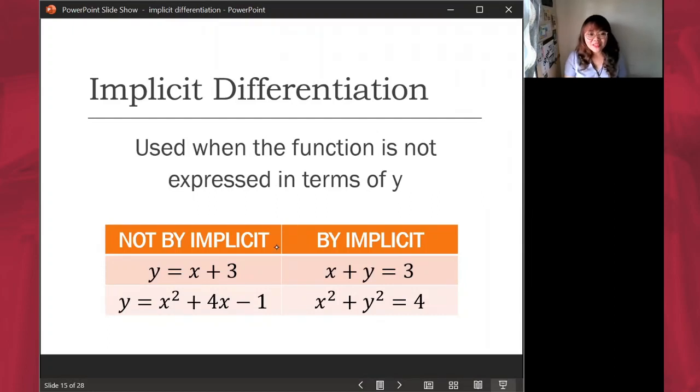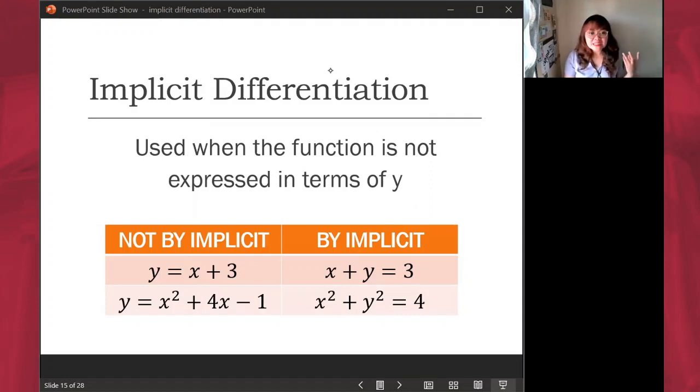The examples on the left side do not require implicit differentiation, whereas the examples on the right side are solved by implicit. I want you to observe them. What is the difference? Here on the left side, these are what we usually solve, right? We have y is equal to, or f of x is equal to, or g of x is equal to.